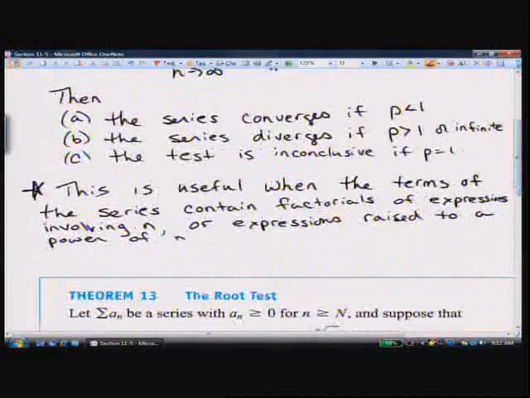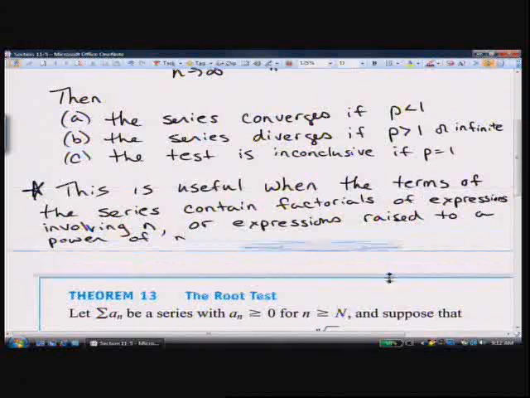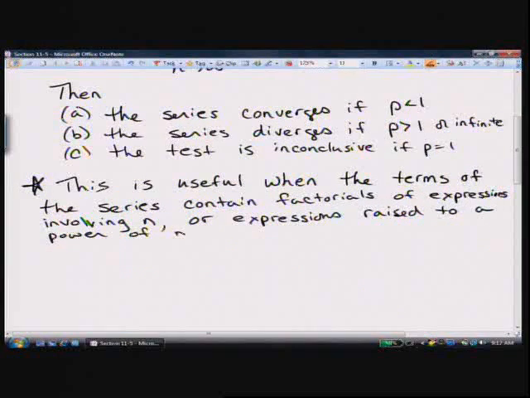So let's look at a few examples of when this could be fun.